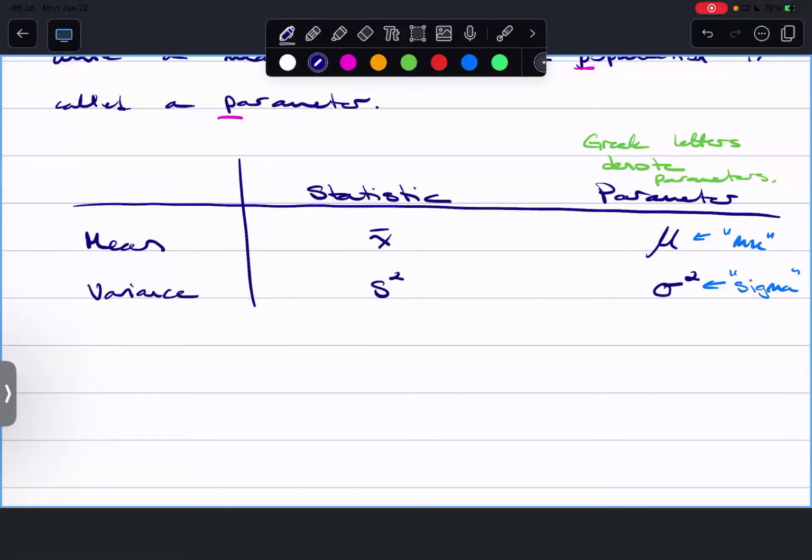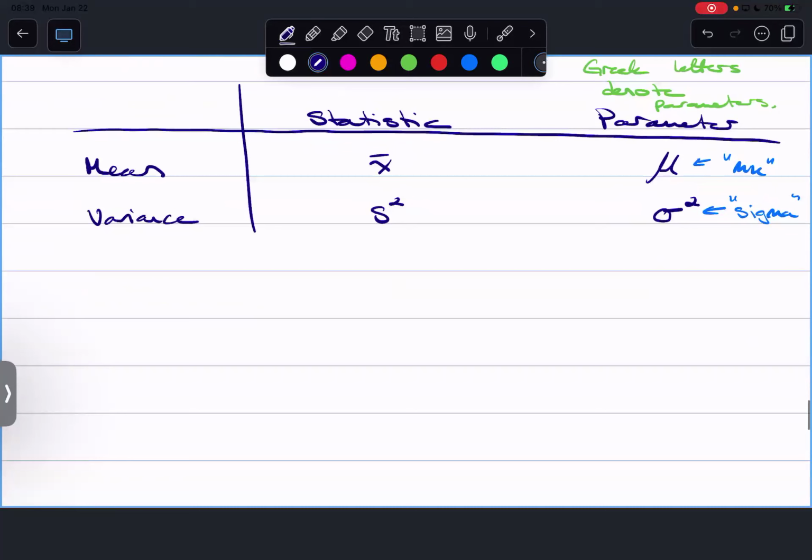So we'll have these relationships where we have some sample version that we're able to calculate, but ultimately we're trying to use it as our best guess for what the population version is.